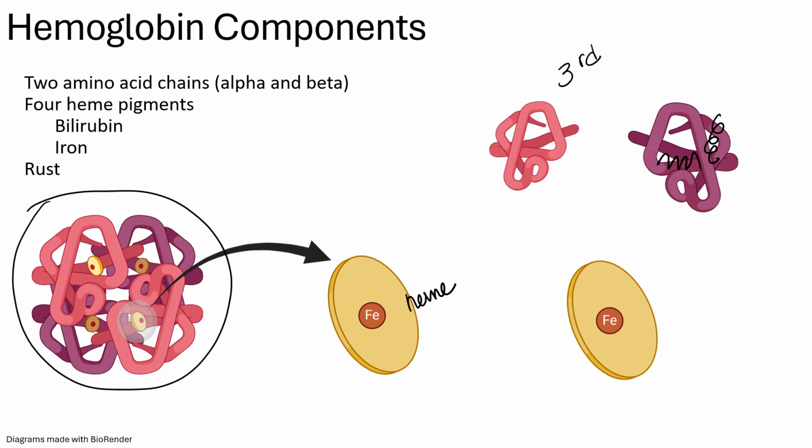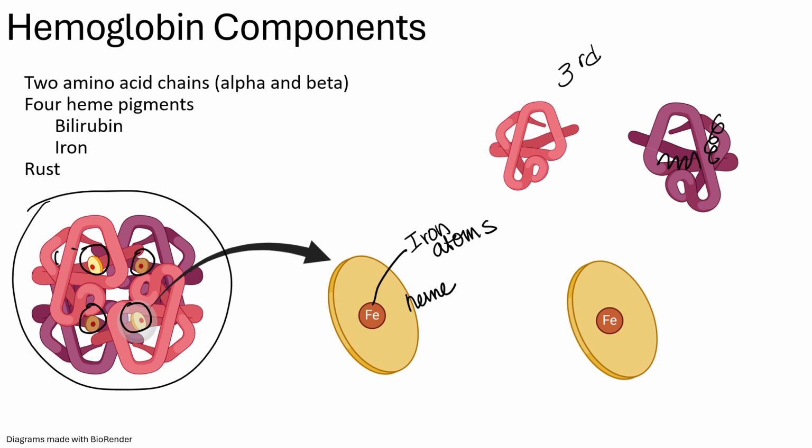At the center of all of this machinery are iron atoms. And these iron atoms are the components capable of binding to oxygen. There are four hemopigments, or four oxygen atoms, in every single hemoglobin protein.